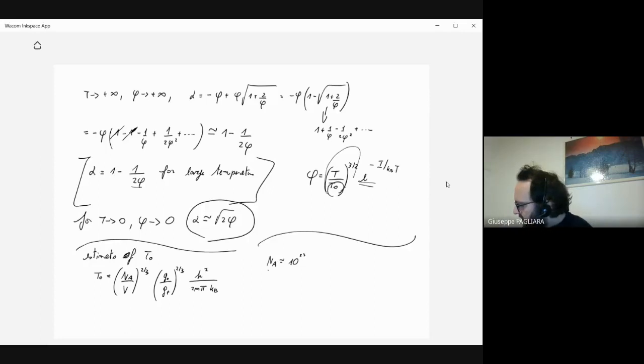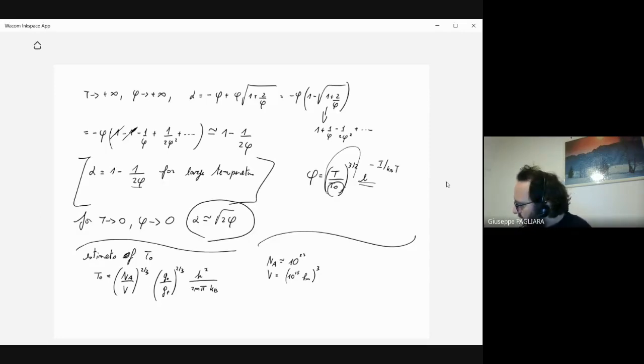Let's take V as 1 meter cubed. Since I like to work in natural units, let me introduce microscopic quantities. So V could be of the order of 10 to the 15 Fermi cubed.